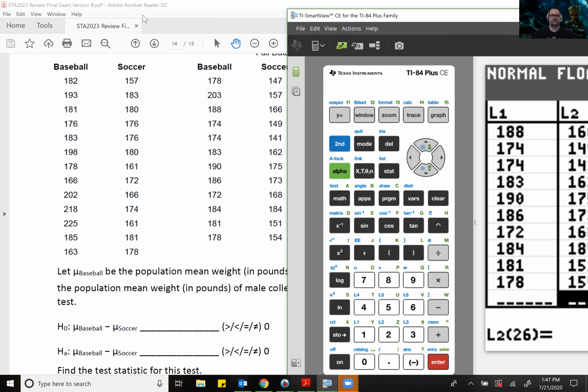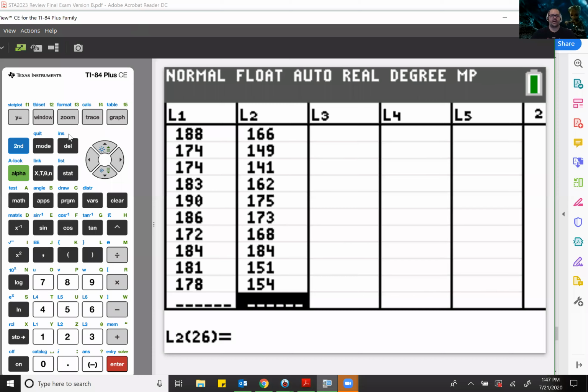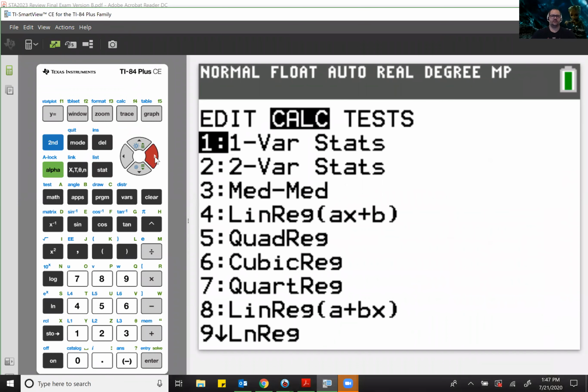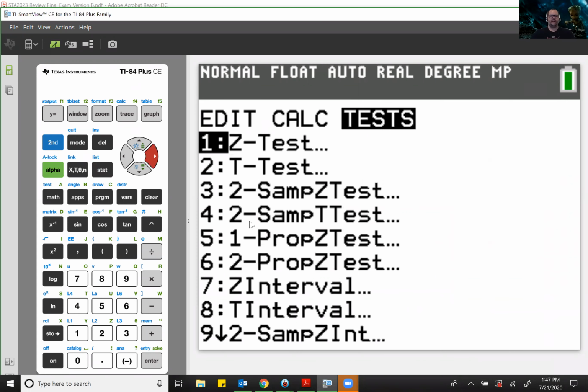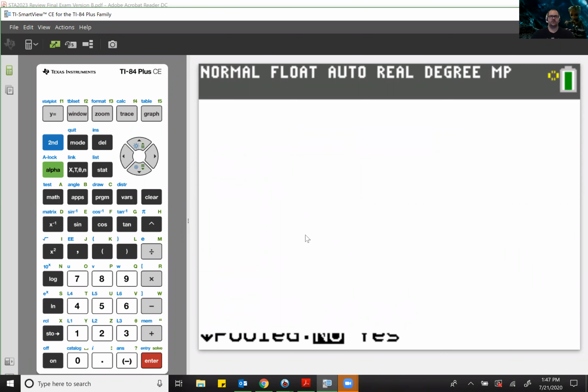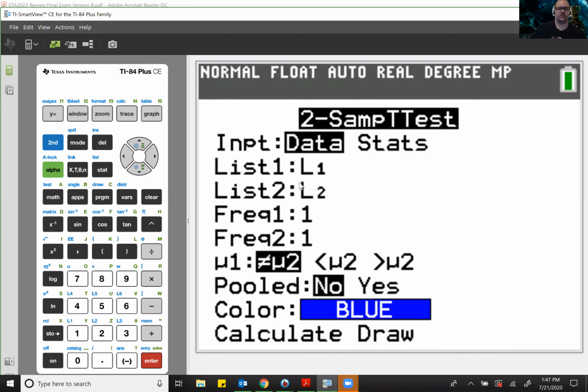Okay. So here, now we'll go to stat, tests, and this time you're doing a 2 sample t-test. So scroll down to 2 sample t-test. You're doing it from data, your list 1, list 2, that's correct.